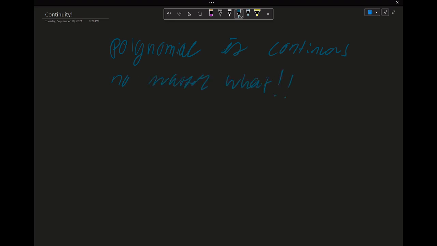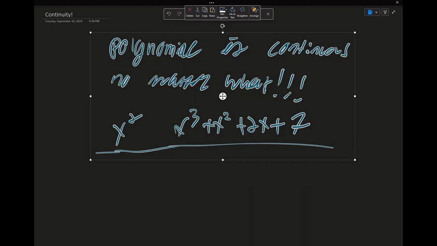Because there are no values where a polynomial such as just x squared, we could do x to the third plus x squared plus 2x plus 7, that these are not defined and have a discontinuous part. These are always continuous and smooth functions. So that's one idea.